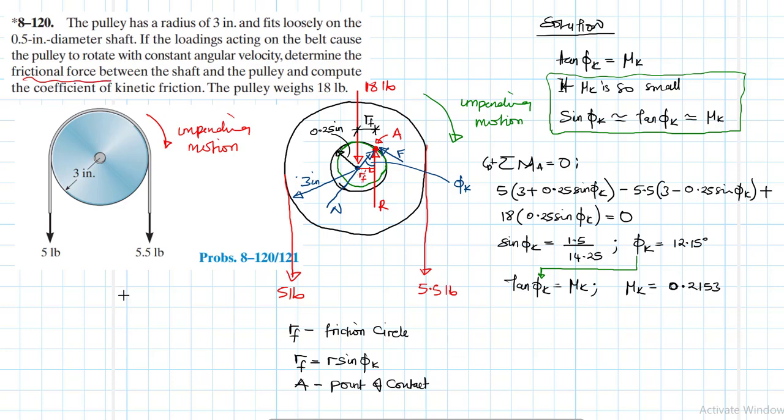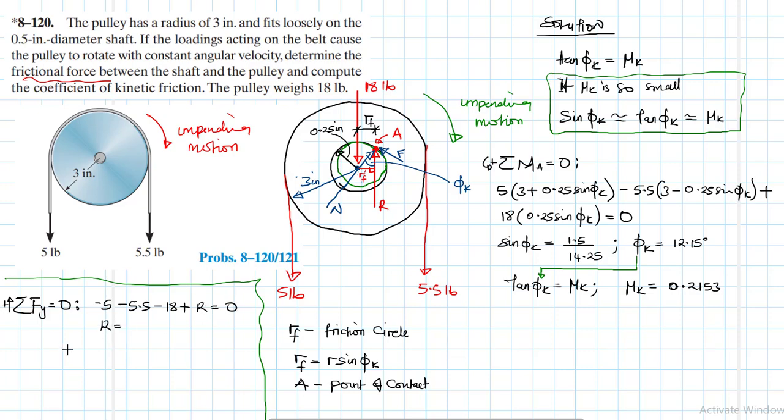Okay, so we are also being asked to determine the friction force. So let's find R very quickly. Let me use this space here. Summation of forces in the y direction equal to 0. What do we have? We have minus 5, minus 5.5, minus 18, then plus R equal to 0.